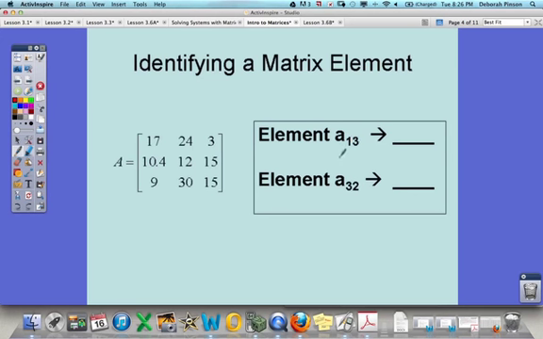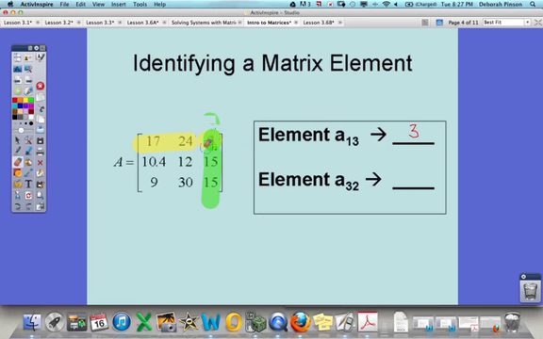They're giving you the row, they're giving you the column. Okay, so this is element little a, that means it's from matrix big A, and it's first row, 3rd column. Now if you look at this, the number that overlaps is 3. That's the element you're talking about.